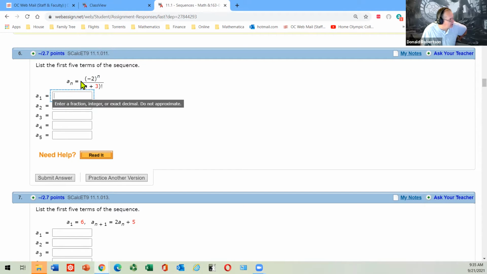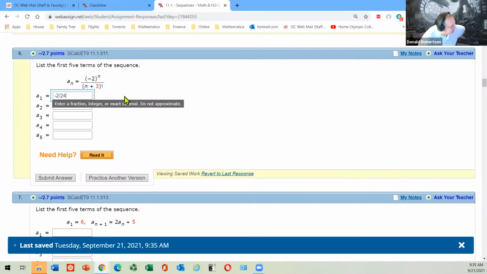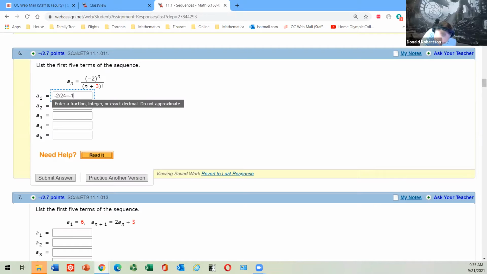So the top would be -2 to the power of 1, which is -2. And the bottom would be 1 plus 3, which is 4. And 4 factorial ends up being 24. So that would be the first answer. And then I'd say, wait a minute, that can simplify down. So I would finish with -1/12.